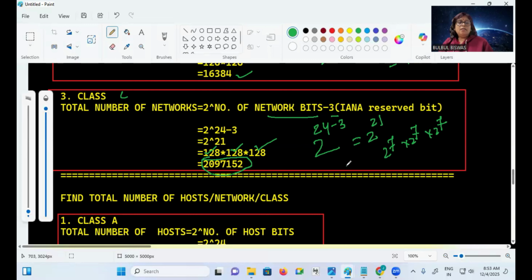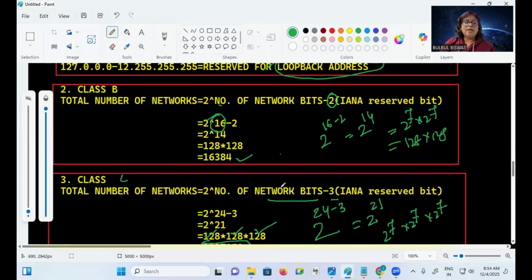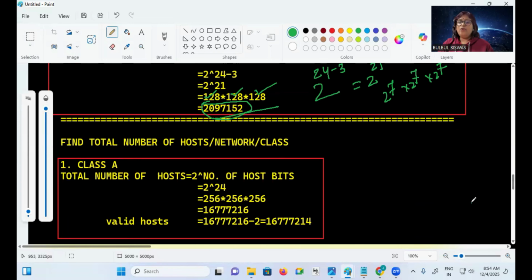So that means in the world, in class A, a total of 126 networks are possible. In class B, 16,384 networks are possible. And in class C, 2,097,152 networks are possible. Now it's okay. We have come to know how many networks in A, in B, and in C.